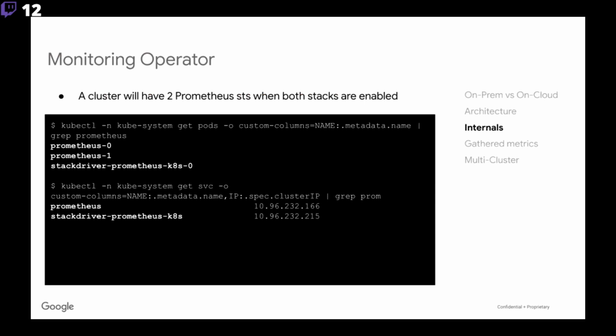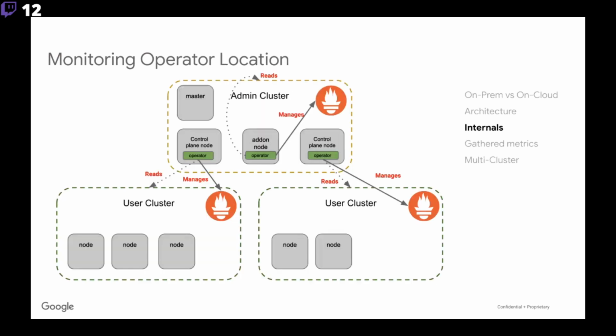If you have both of them enabled, you will see two sets of Prometheus, each a stateful set. Don't be confused by it, because they are for different stacks. The monitoring operators are all located in the admin cluster.